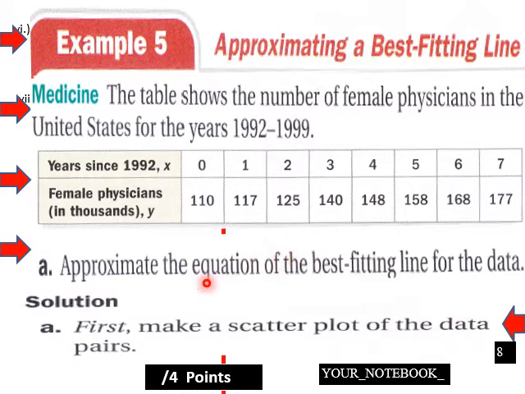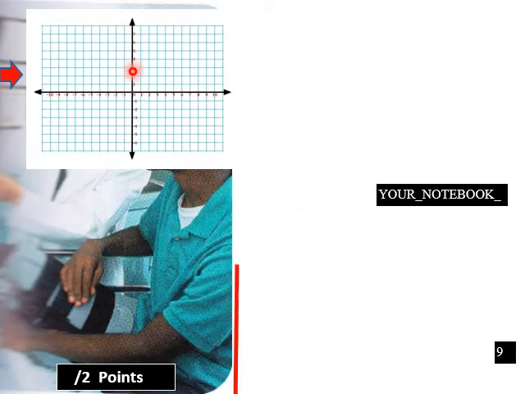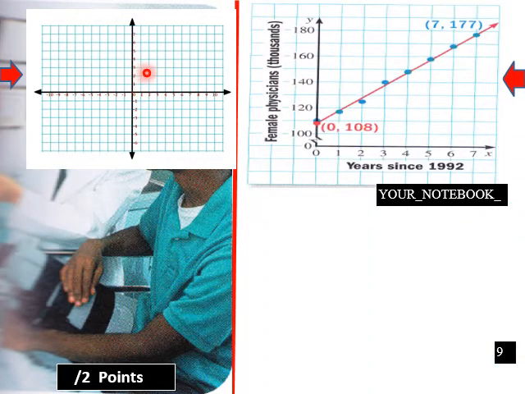The solution is to make a scatter plot of the data first. So plot this on a grid, or you can sketch it here on your worksheet.